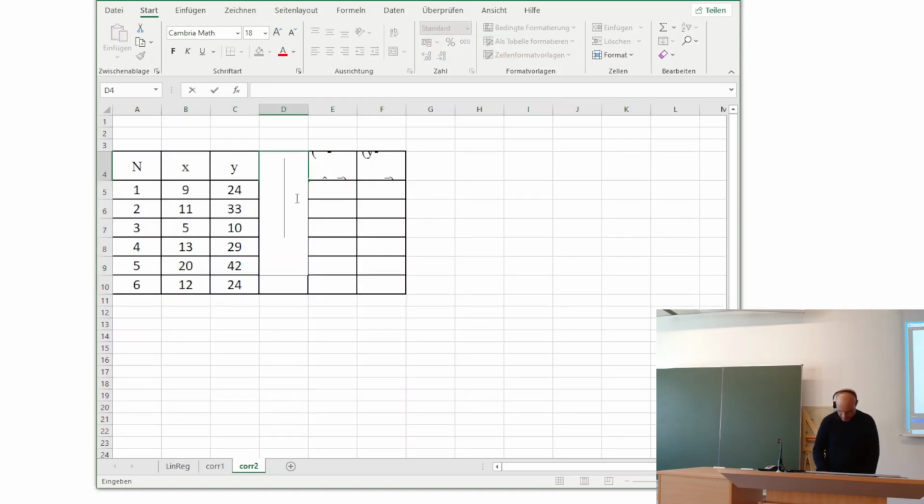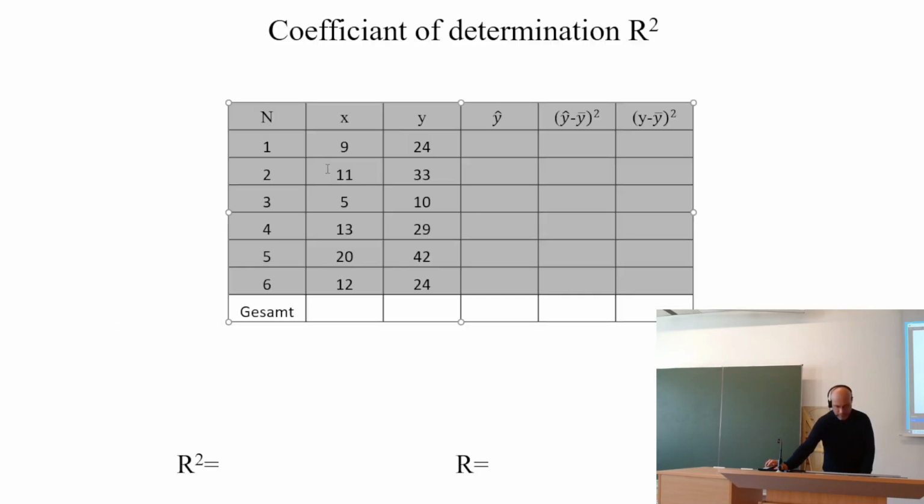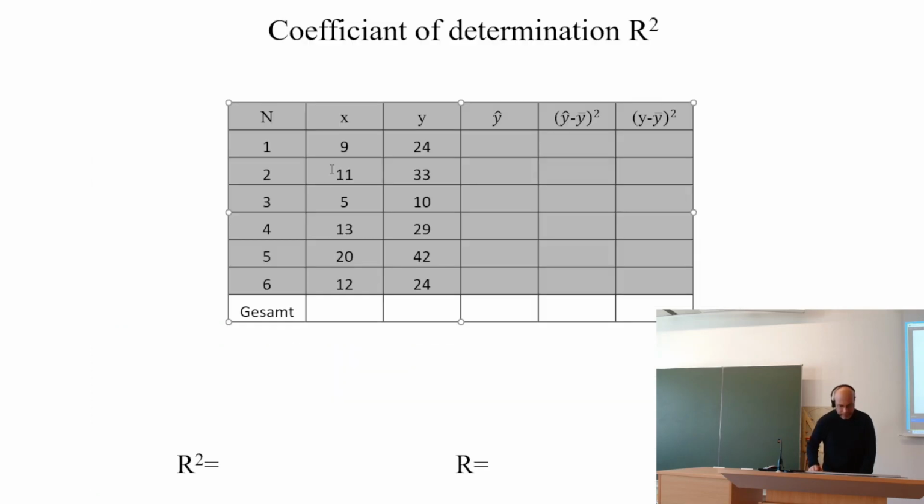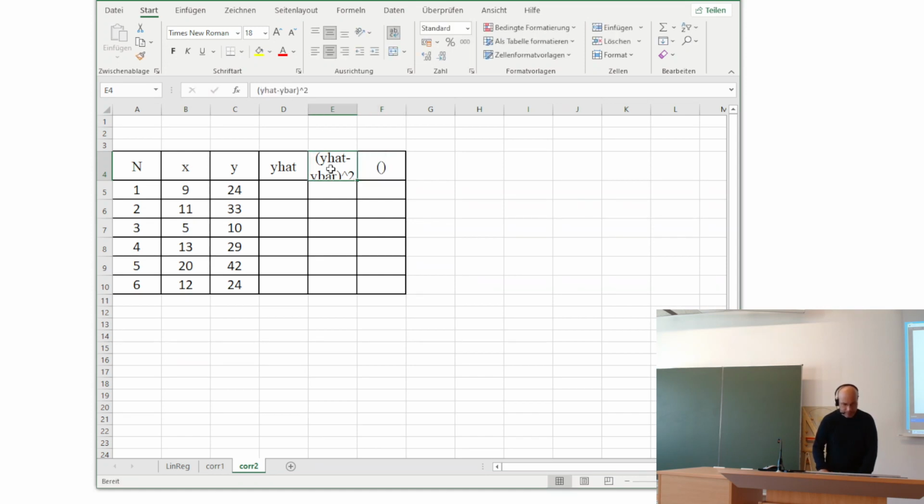So here I have y hat, this is y hat minus y bar squared, and this is y minus y bar squared, and we can leave this, and this maybe a little bit smaller, 8. Yep.